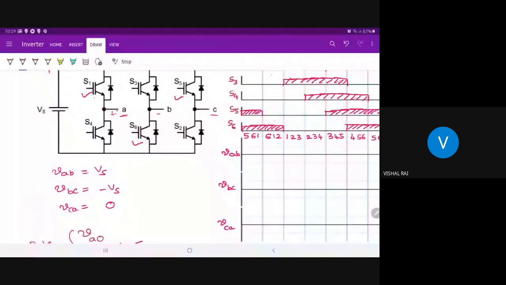So during the first 60 degree interval, these are the output voltages. We'll try to draw these.